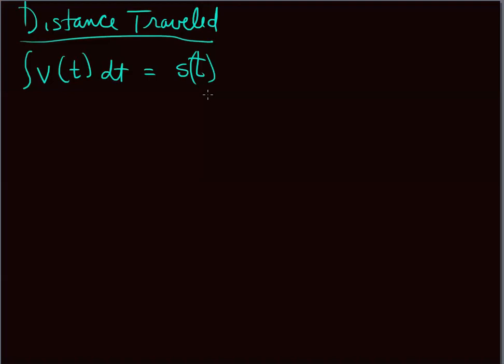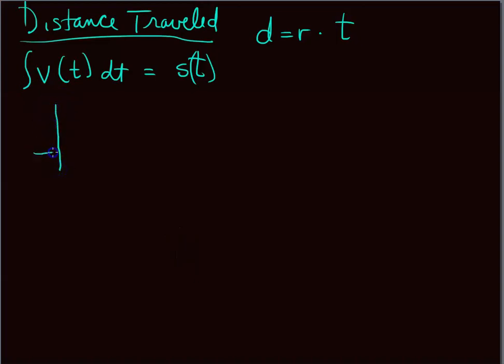And go back to our friend, distance traveled, d equals rt. A very simple little formula that we've used an awful lot. Okay. How do we mean this?